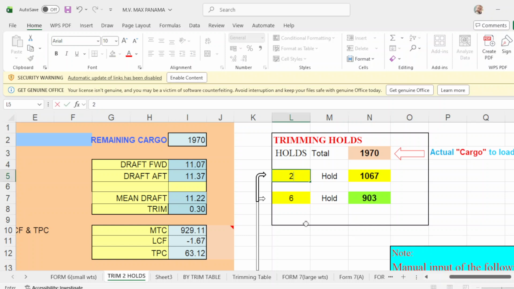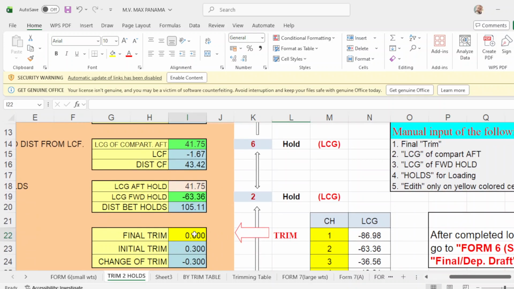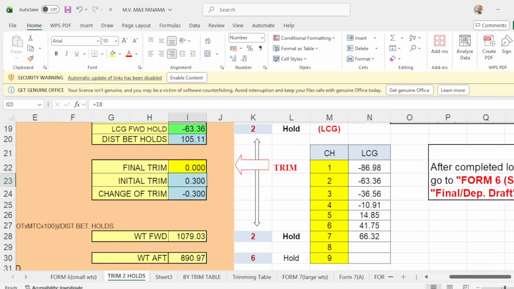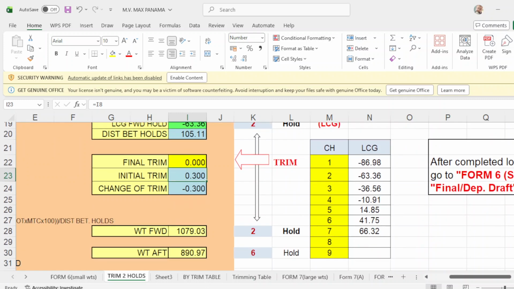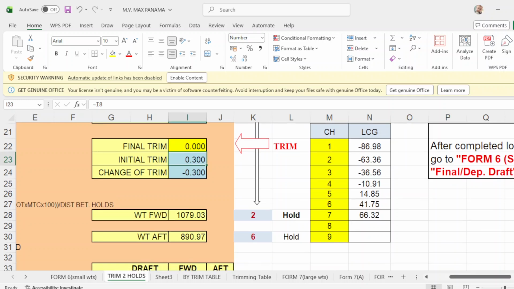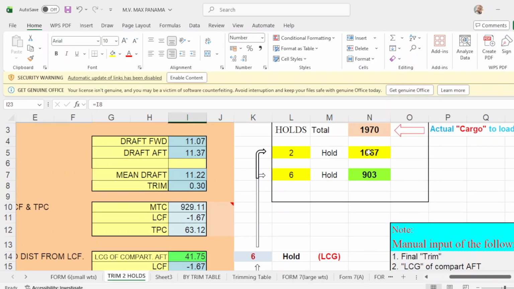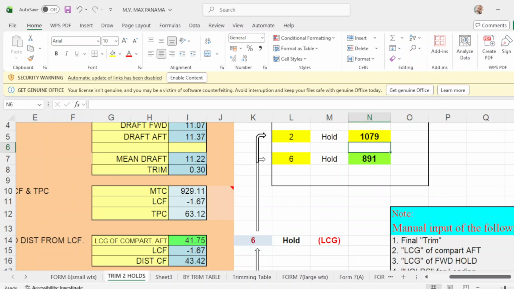Put here 2 and 6. And you put here 0. And the recommended should be 1079.